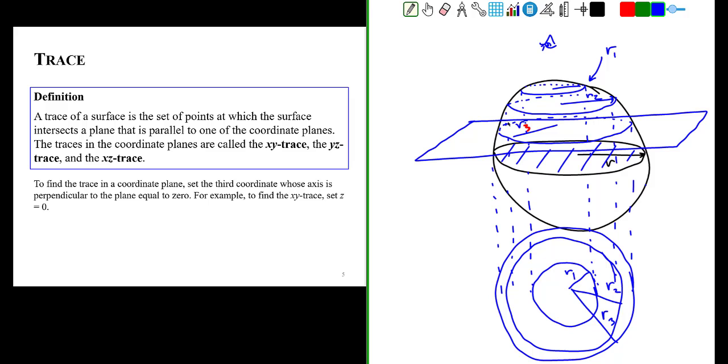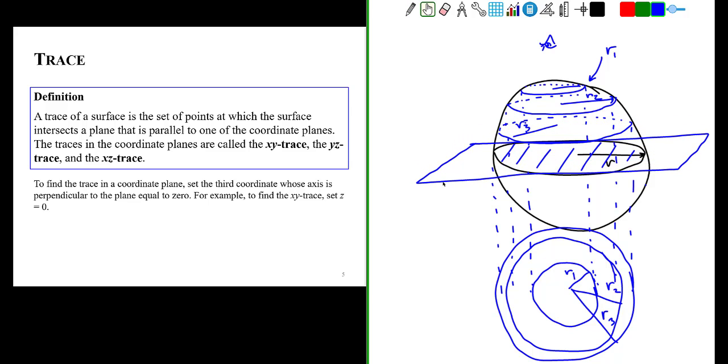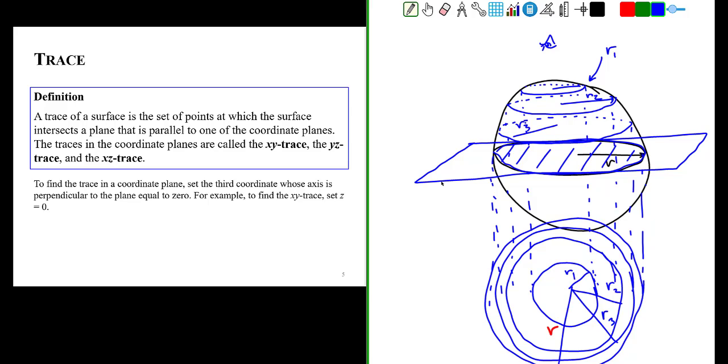And finally, let's take our plane and slice it right through the midsection of the sphere. When we do, notice you get another circle of another radius. This was the circle of radius R.